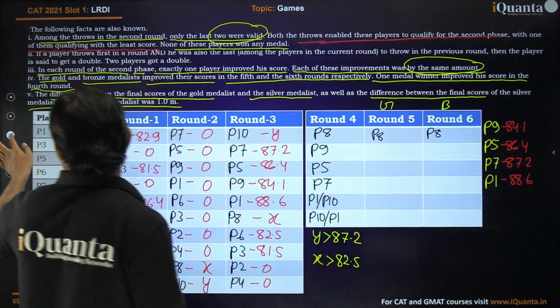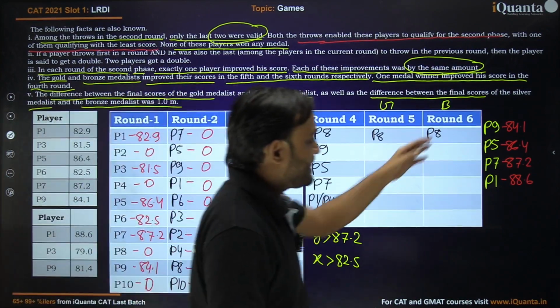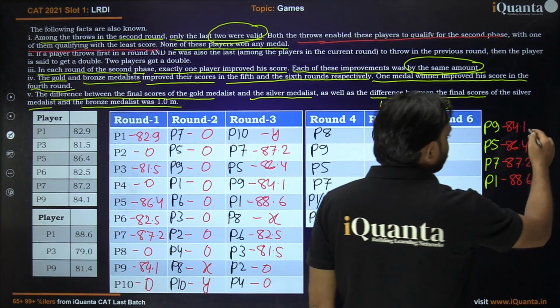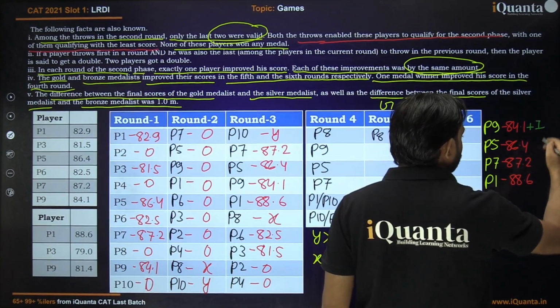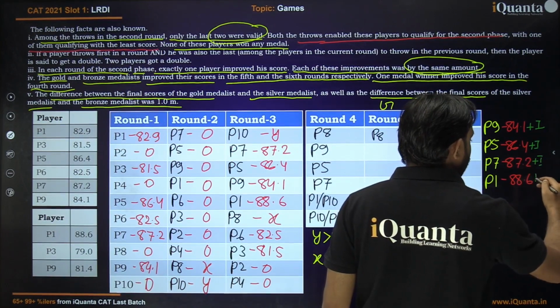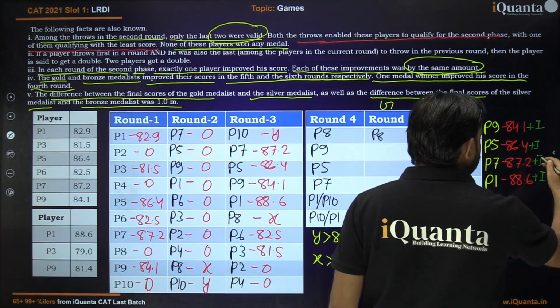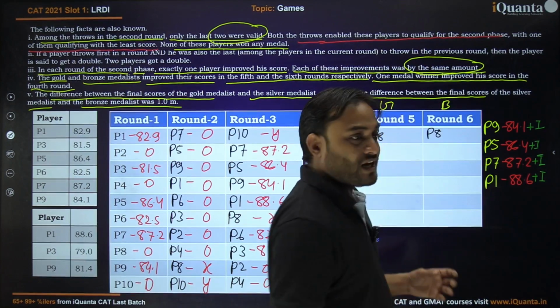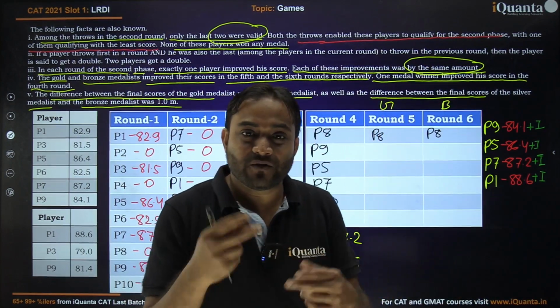So we can say that if, let's say, any 3 of these 4 improved by the same amount, so plus I, plus I, plus I, and plus I, we should have gotten something so that their scores are in difference of 1, right?